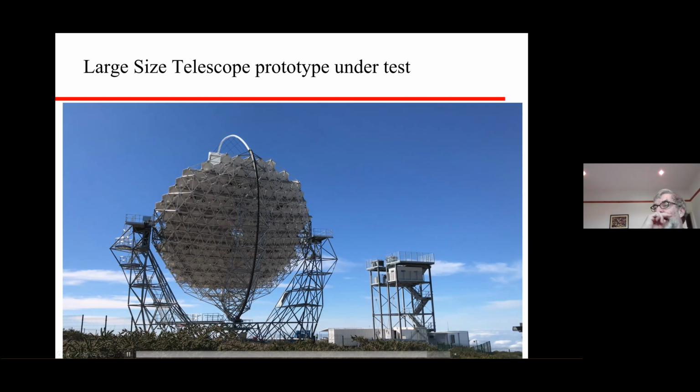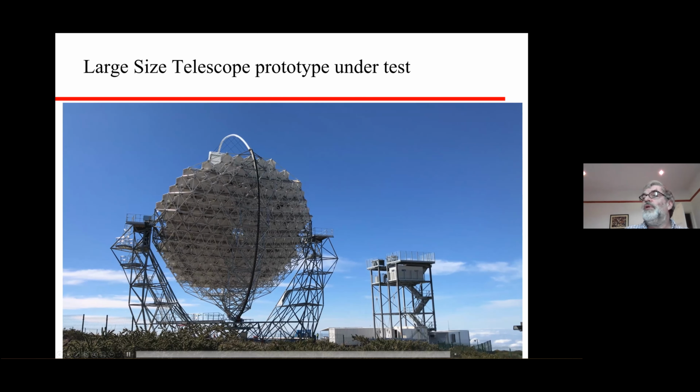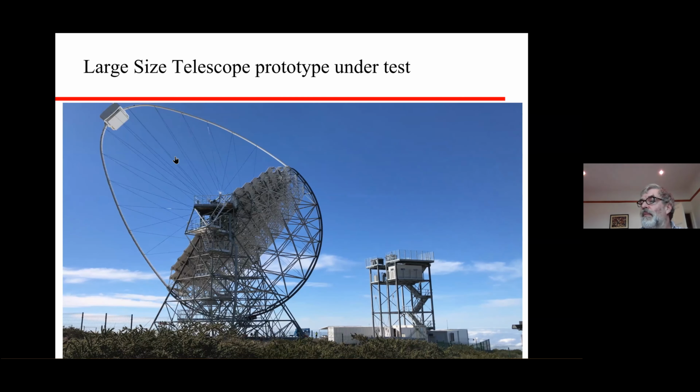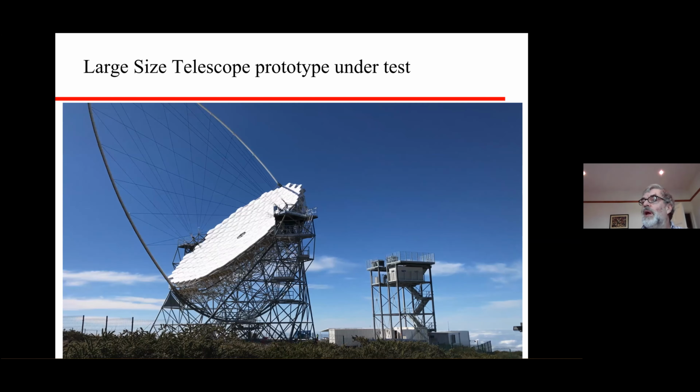So you can start taking measurements as soon as you reach the point that you want to be pointing at on the sky. So that's actually a major achievement in terms of mechanical engineering.